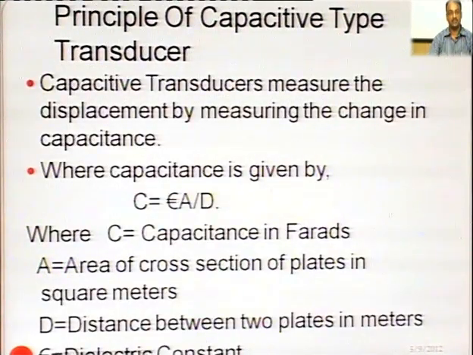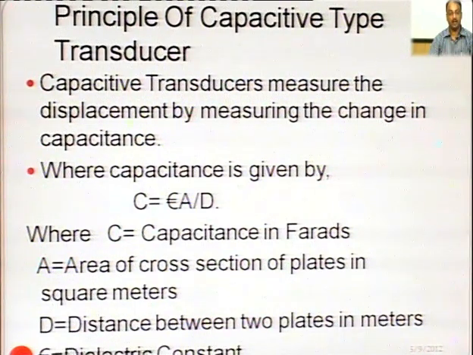Capacitive transducers measure displacement by measuring the change in capacitance. The value of capacitance C is given as epsilon A upon D, where C is the capacitance in farads, A is the area of cross section of the plates in meter square, D is the distance between the two plates in meters, and epsilon is the dielectric constant.